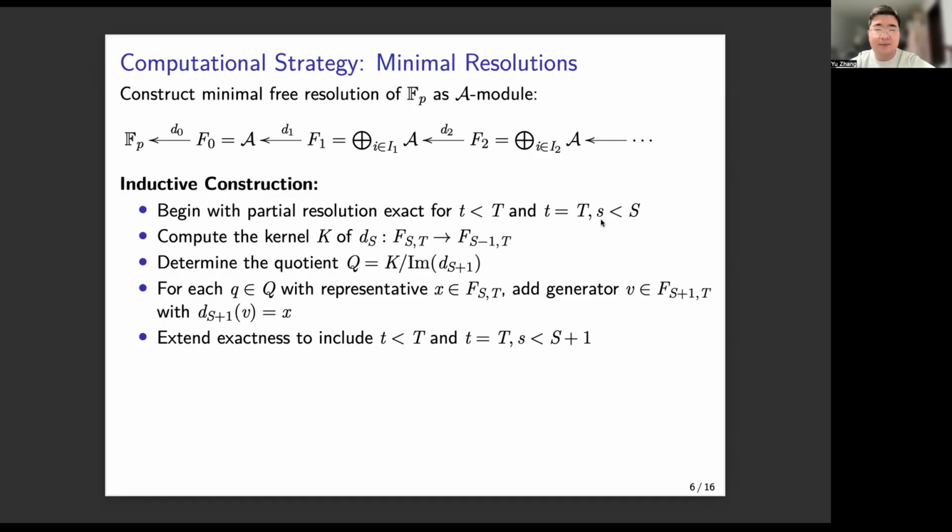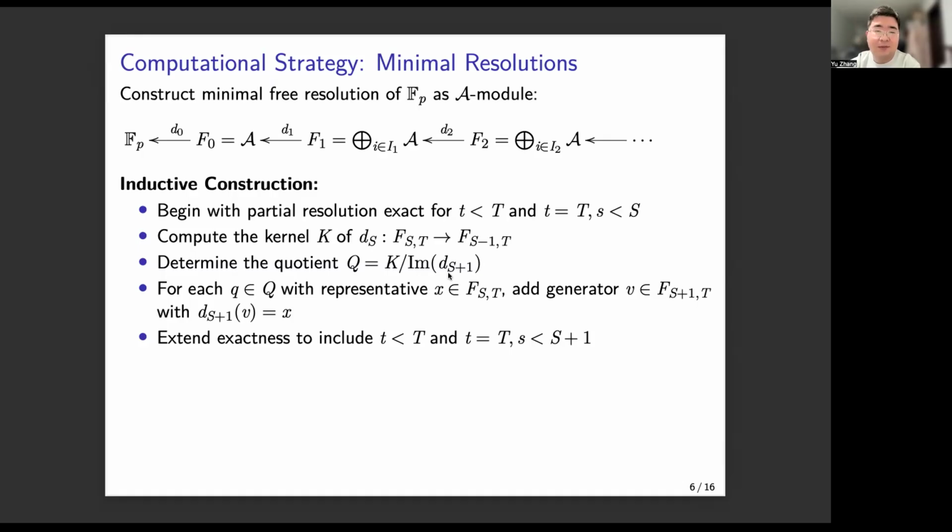induction on S. So by induction, we assume we have already obtained a partial resolution which is exact below the degree S comma T. Then for the degree S comma T, we analyze the kernel, we compute the homology, and if the homology is trivial, then that means it's already exact in S comma T, so there's nothing we need to do.